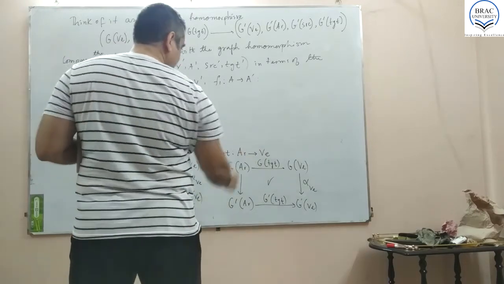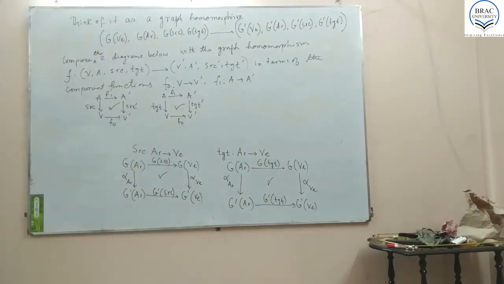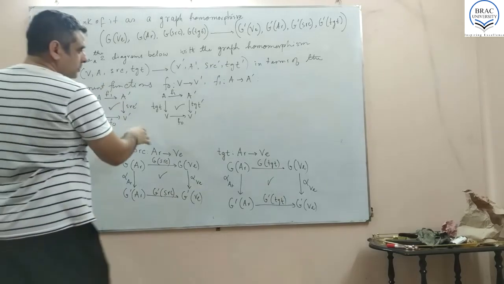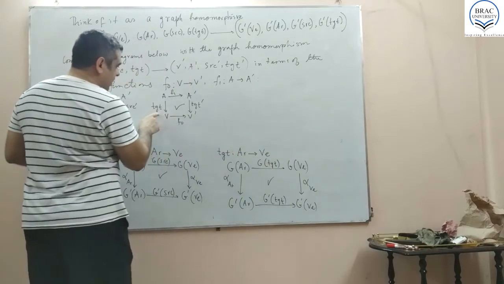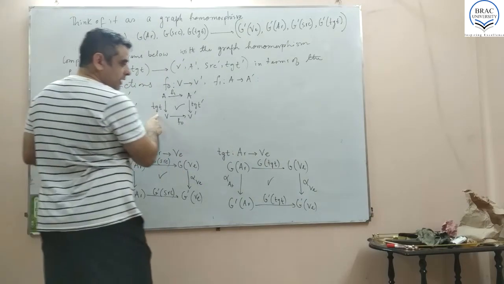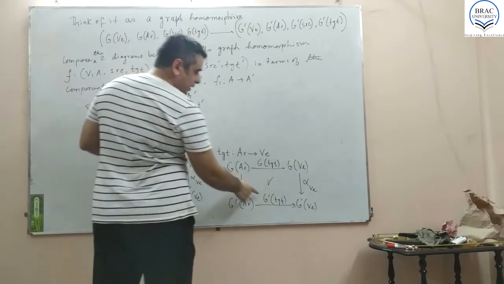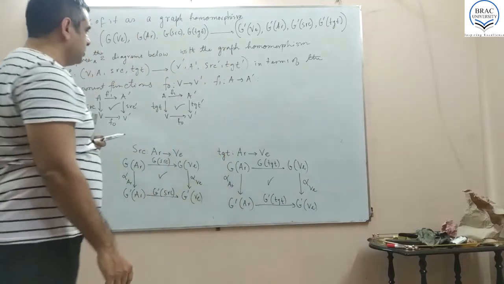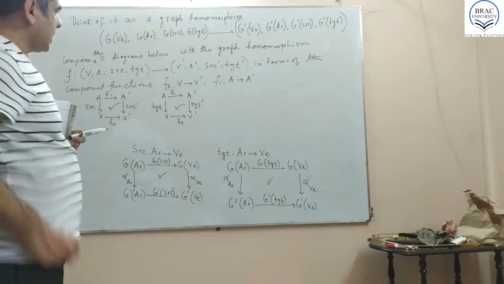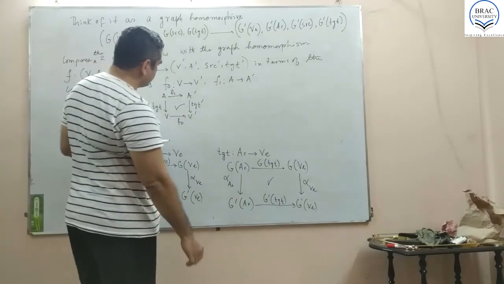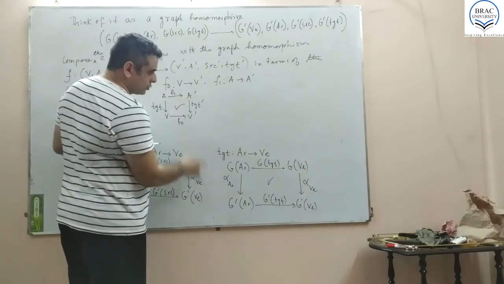Compare this one with this one. Okay? So SRC is analogous to G SRC, TGT prime is analogous to G prime TGT. And F1 is the function between arrows.